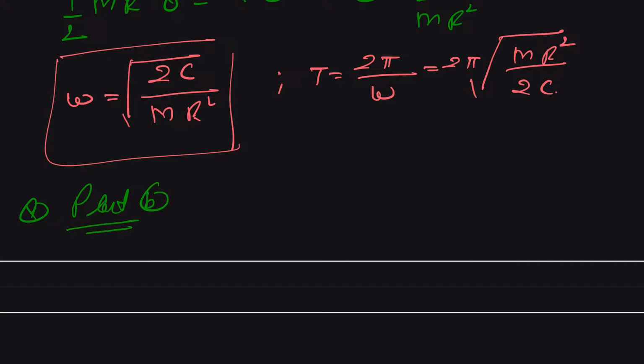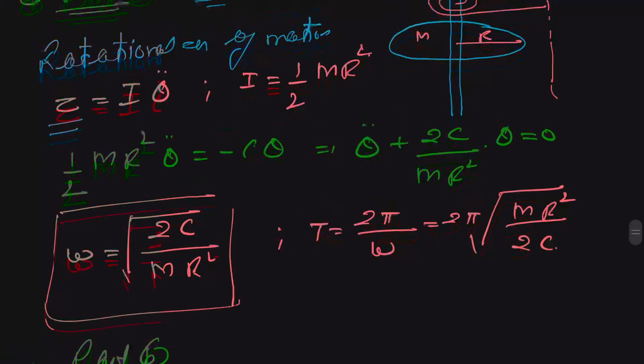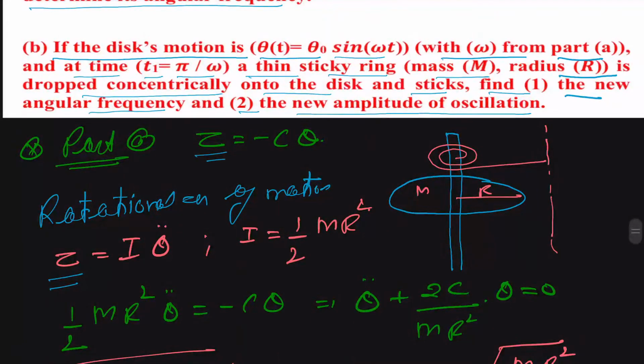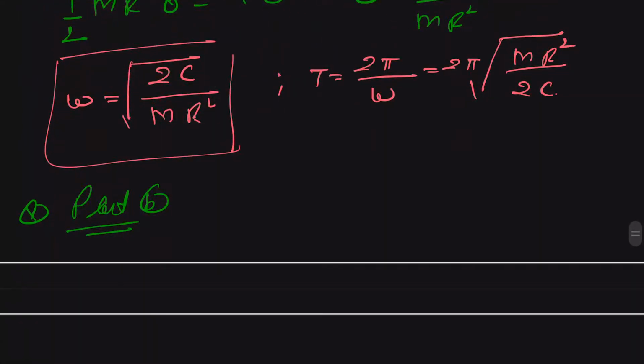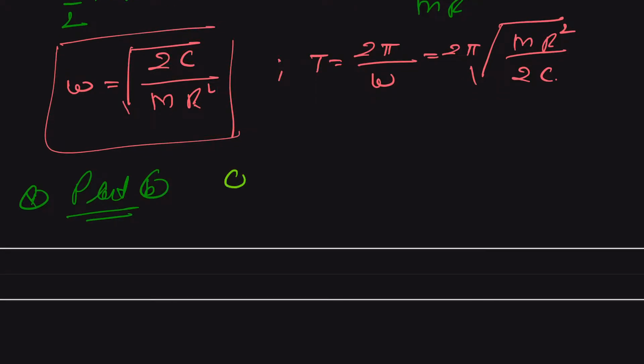Now we come to our part B. Part B states that at t equal to pi by omega, a sticky ring is dropped and it sticks to the disc. For part B, the equation is also given that theta(t) is theta naught sine of omega t.